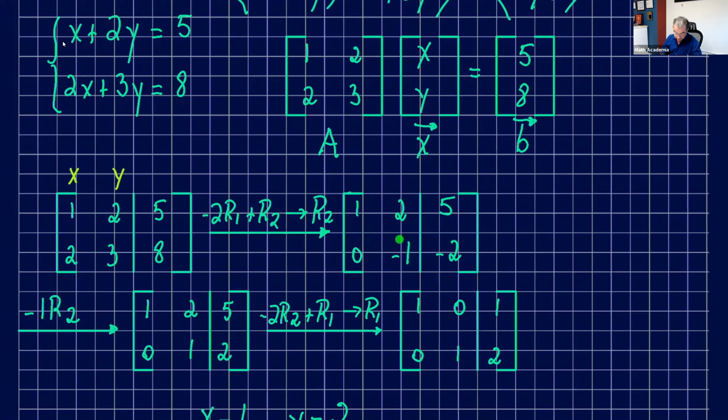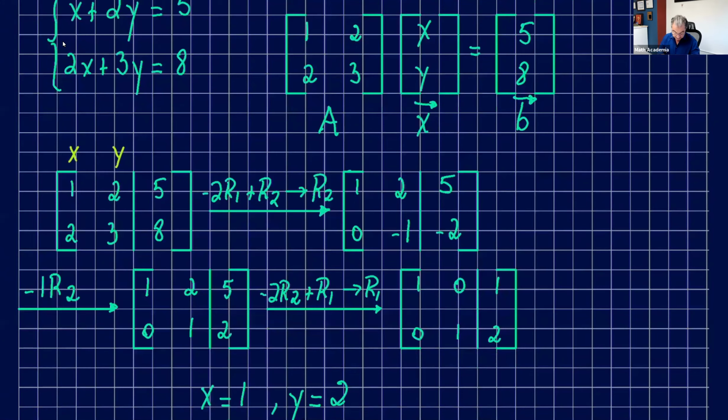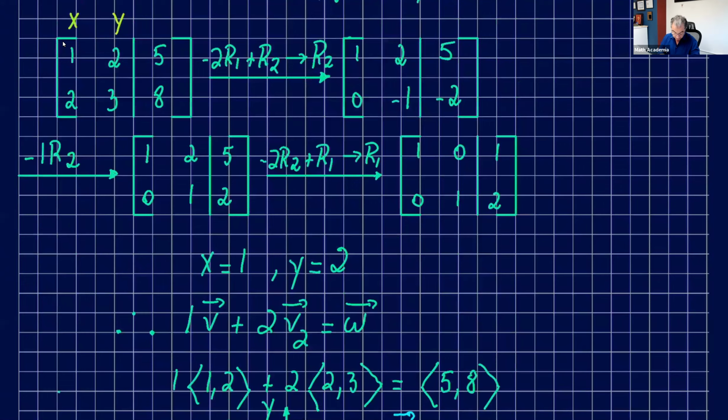Then you want to make that 1, so you multiply r2 by negative 1. So you get 1, 2, 0, 1, and that becomes positive 2 also. Then you want to make that 0, so you do negative 2r2 plus r1, and you change r1. Basically what you do, you get the identity matrix here. Now what we got is x equals 1 and y equals 2.